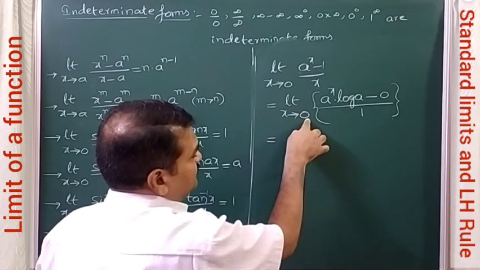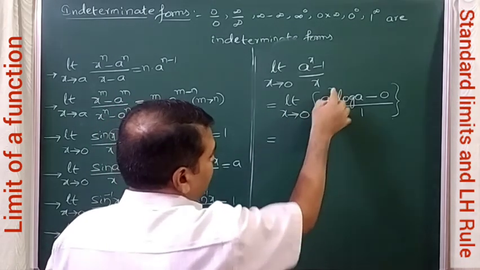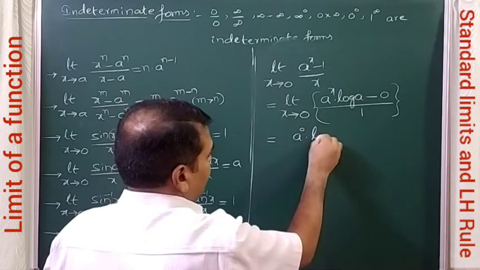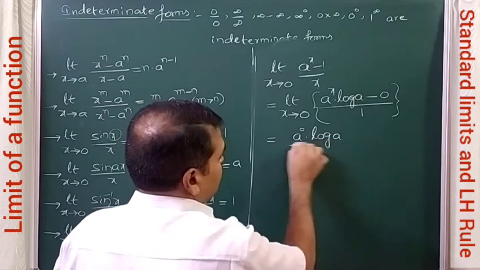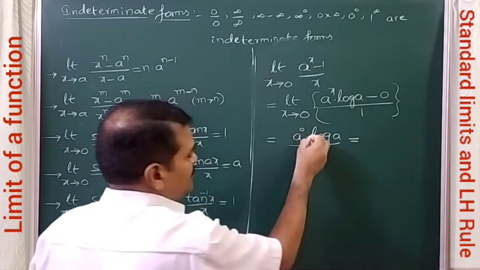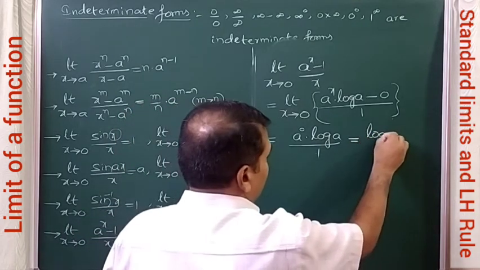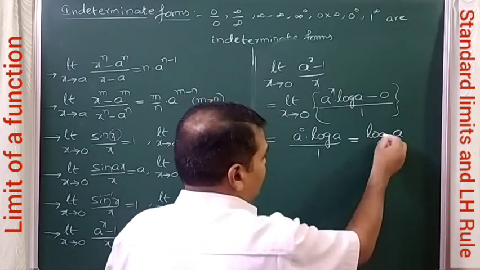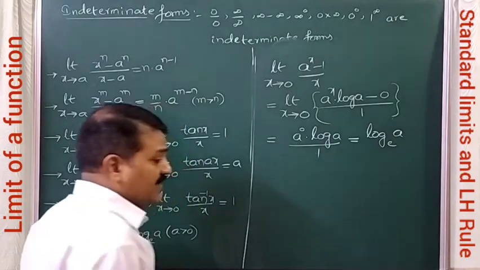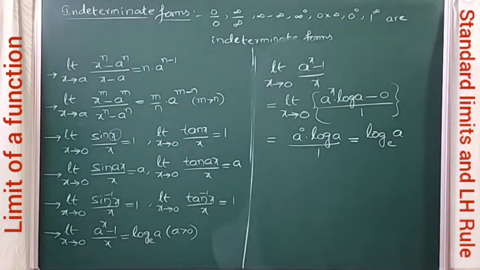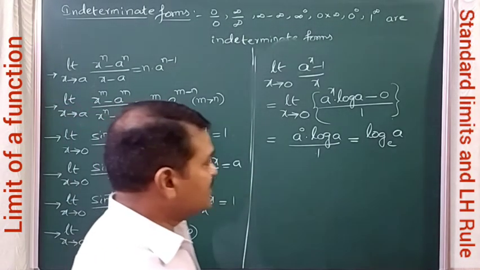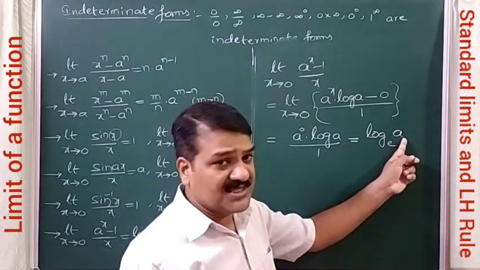So apply the limit, then you will get a power 0 into log a by 1. A power 0 is 1. So your answer is log a, and when base is not mentioned, obviously it will be base e. And we know that log is defined only when a is positive.